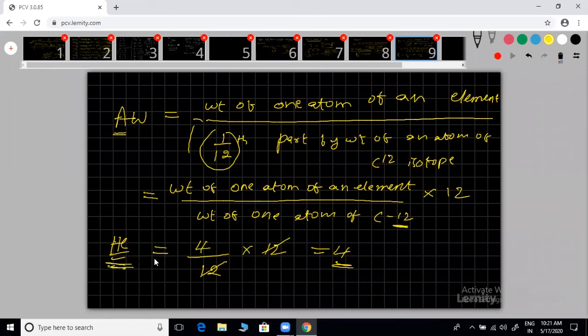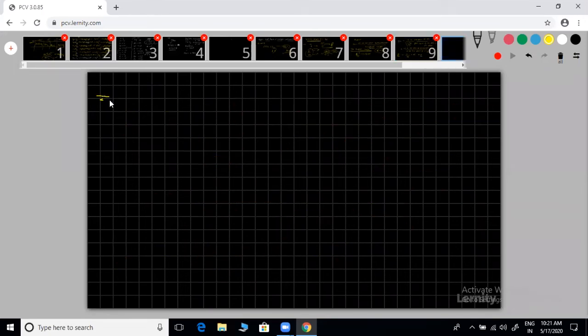Helium atomic weight, how to calculate? One atom of an element, suppose helium, is 4, divided by one atom of C12 isotope, that is 12, multiplied by 12. The 12 will be cancelled, but whatever values you have, that is what you will get. For example, can you try oxygen atom weight? Oxygen is 16, divided by 12, into 12.